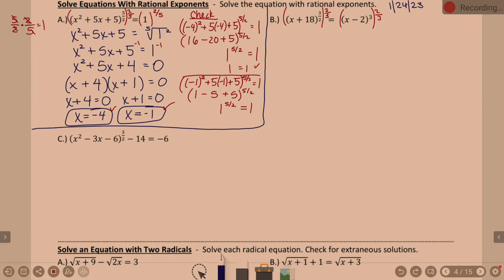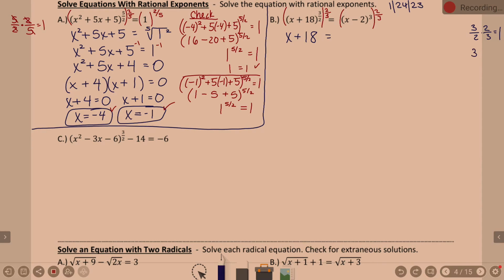Realize on the left, 3 over 2 times 2 over 3 is going to cancel and be 1, so I just have x plus 18. And that was because 3 over 2 times 2 over 3 is going to be 1.